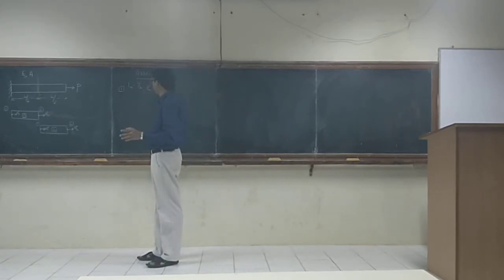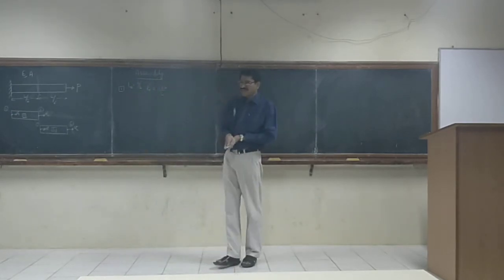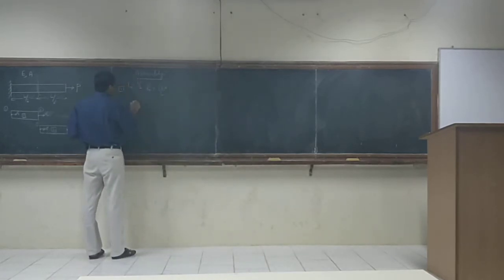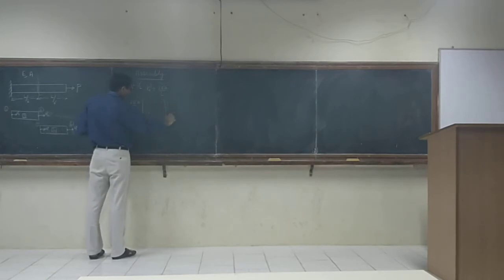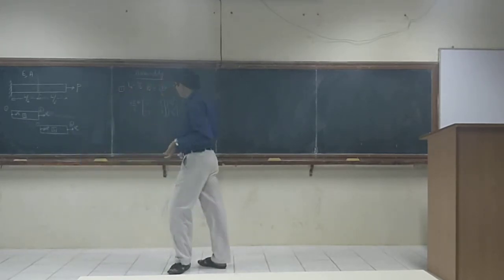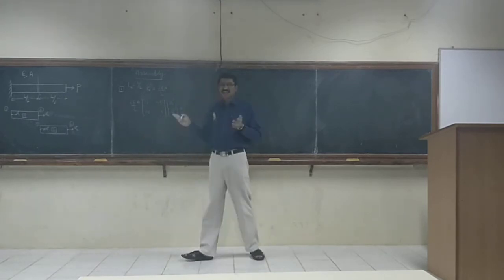EA by L, 2EA, because the length of the element is half of the original length, so this is 2EA by L. What are the stiffness equations we get here? 2EA by L times the matrix 1, minus 1, minus 1, 1, times U1 of 1, U2 of 1, is equal to, from the stiffness side, we get this.